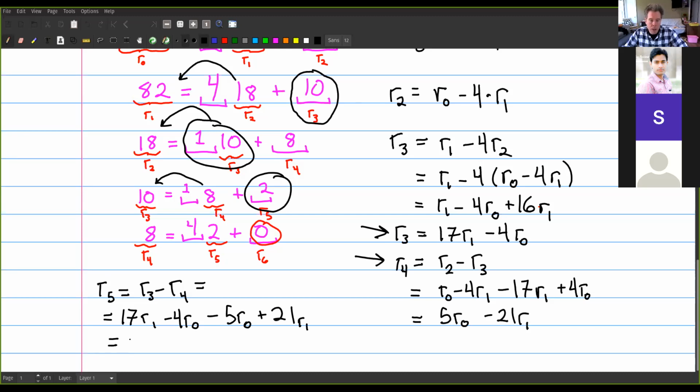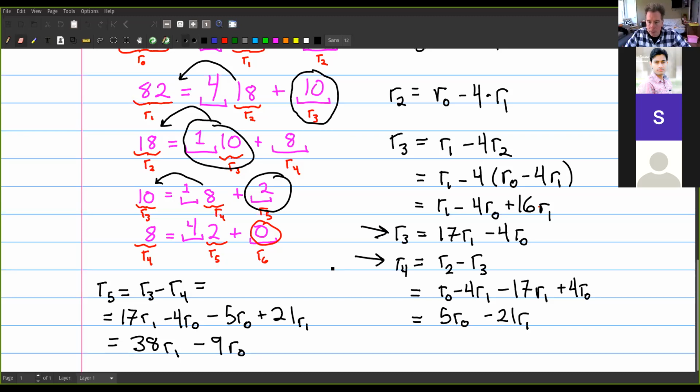So this gives me 38 R1s minus 9 R0s. And I'm done. So I want to make a little space here to just sum everything up. I could just zoom in, but before I change anything, because I'm going to have to erase something that's kind of important, anybody have any questions on this whole process?